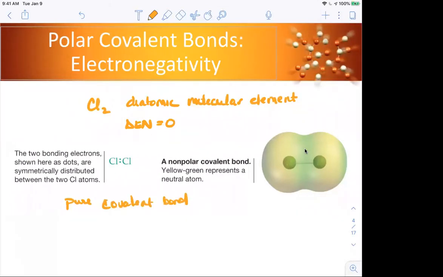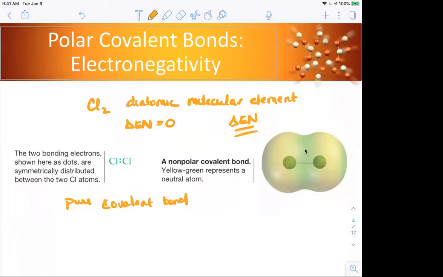If I change the atoms and I still have a fairly symmetric distribution, what I'm going to get is a nonpolar covalent bond. So what I really have to look at is the difference in electronegativity between the atoms, and then I can assess whether it's going to be nonpolar, polar covalent, or ionic.